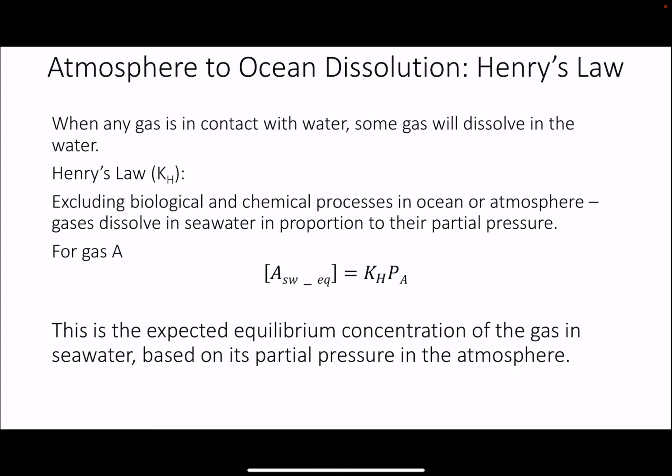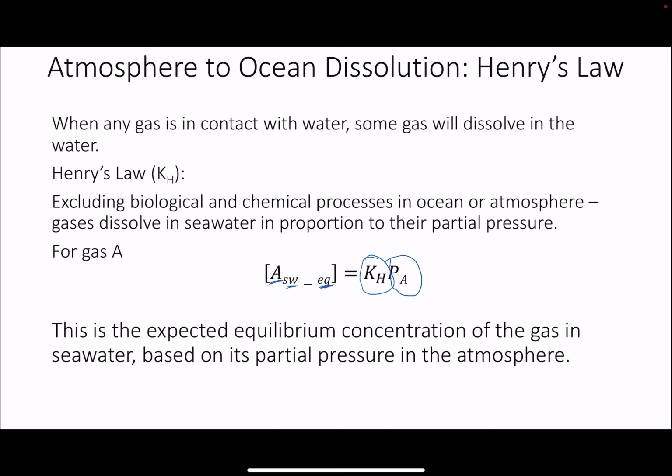And so the way we look at that is for a given gas A, so we'll just make up some pretend gas A, it has a partial pressure of gas A, and then it has a Henry's law constant. And you multiply the Henry's law constant by the partial pressure, and that gives you what you would expect for the seawater concentration of gas A, assuming everything's at equilibrium.